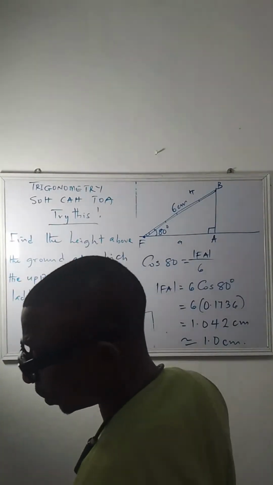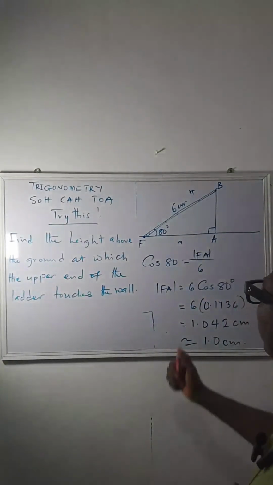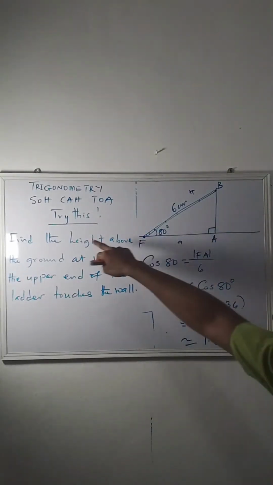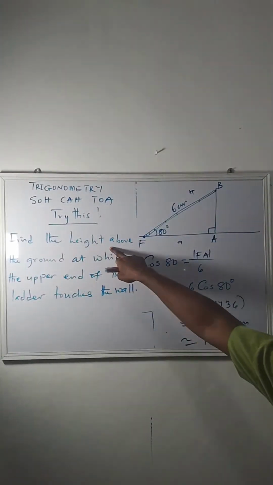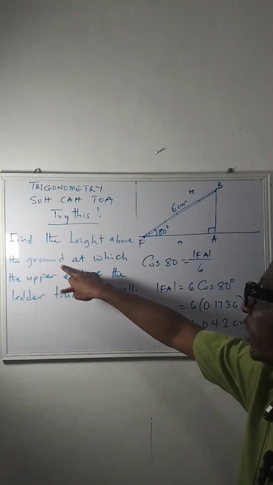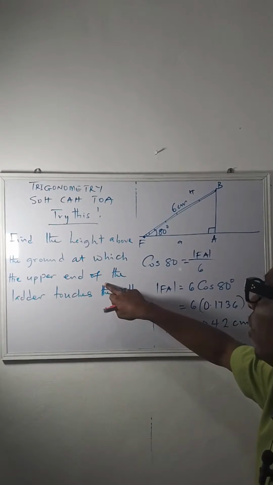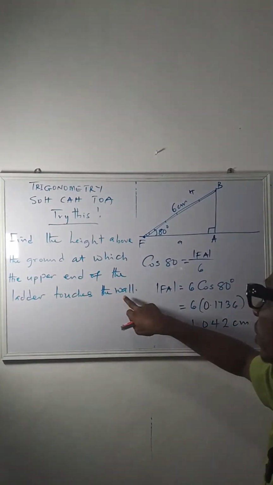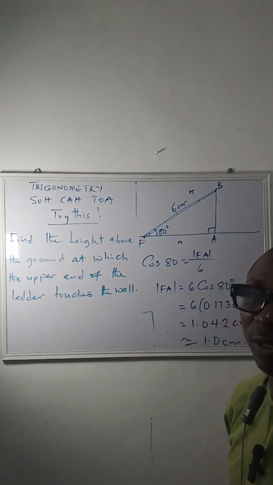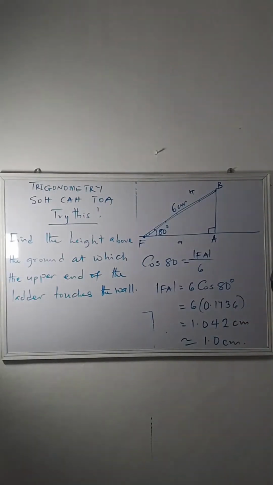I want to believe you understand this question. Making use of this diagram, the question asks you to find the height above the ground at which the upper end of the ladder touches the wall. Let me give you a hint. The question wants you to get the height AB.